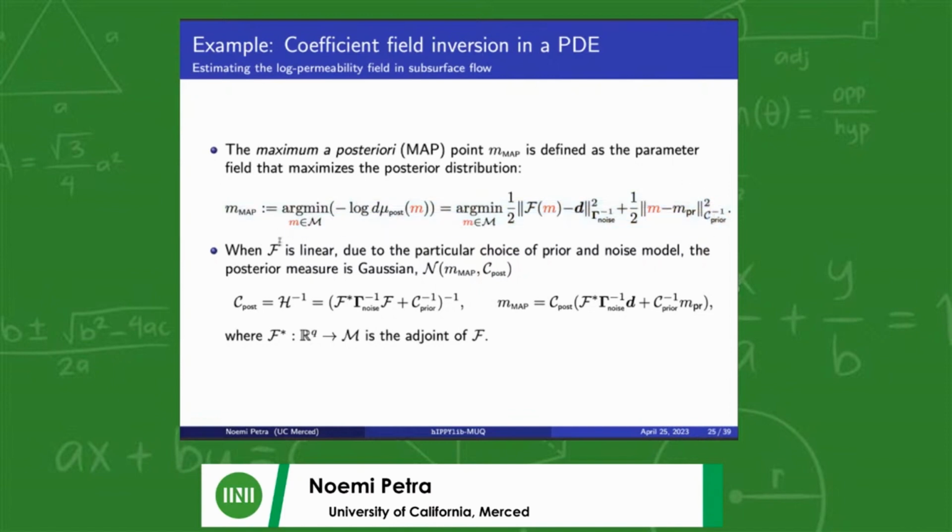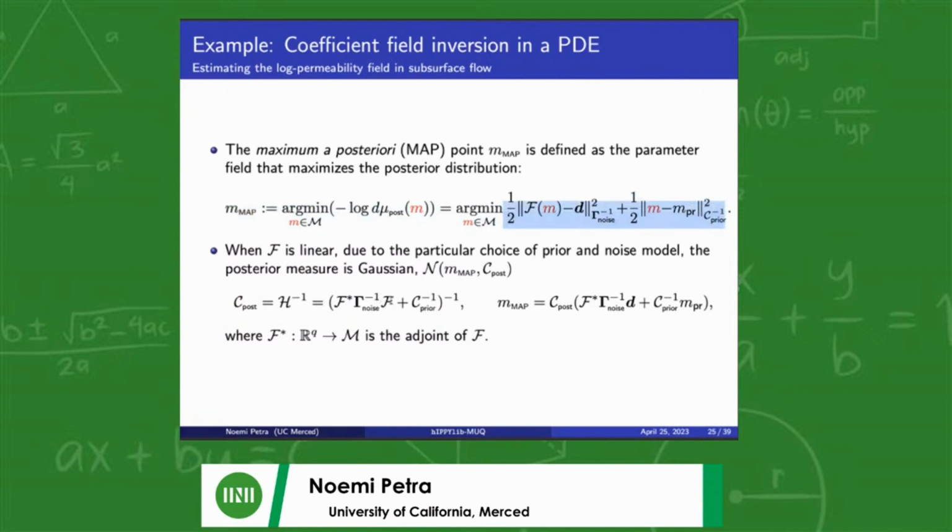Now, when the parameter-to-observable map is linear, due to the particular choice of the prior and noise model, the posterior is Gaussian, and we know how to compute the mean. The mean will be the MAP point, and the covariance is given by the inverse of the Hessian of this cost function.